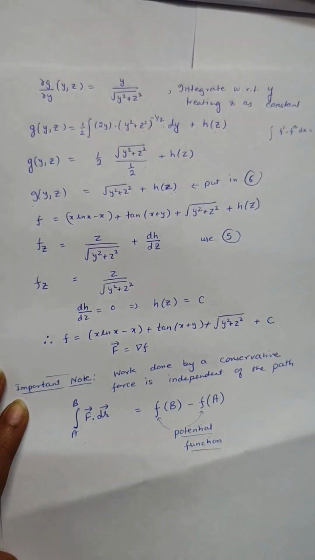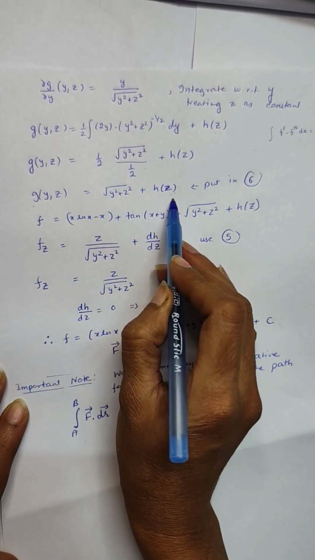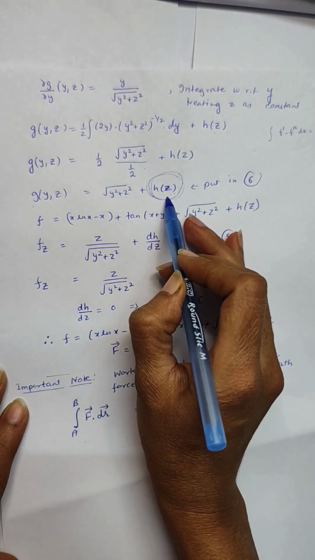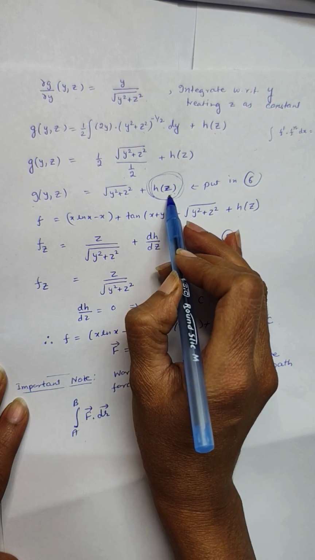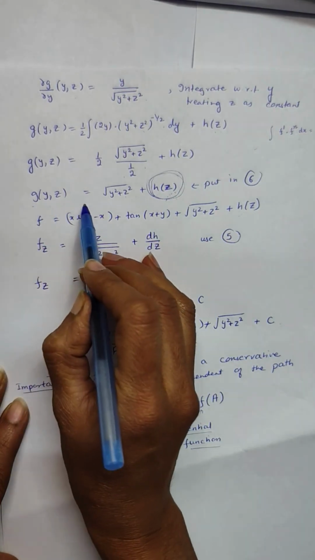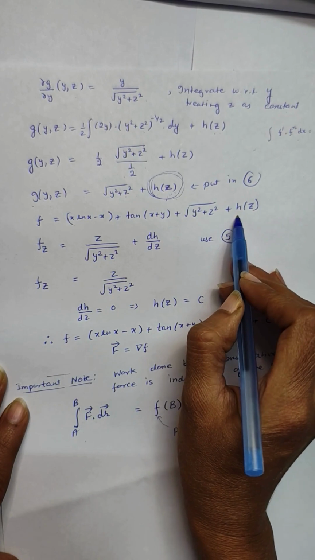And we calculated that g is equal to this function, where we want to find out just h of z, and once we know this function, we'll have an expression for a potential function. So let's substitute this expression for g in equation 6. So f turns out to be equal to this function.